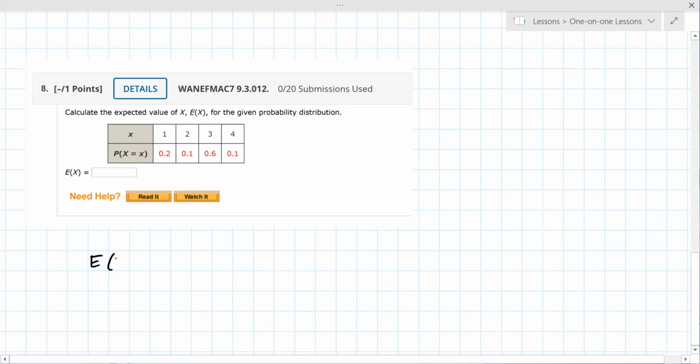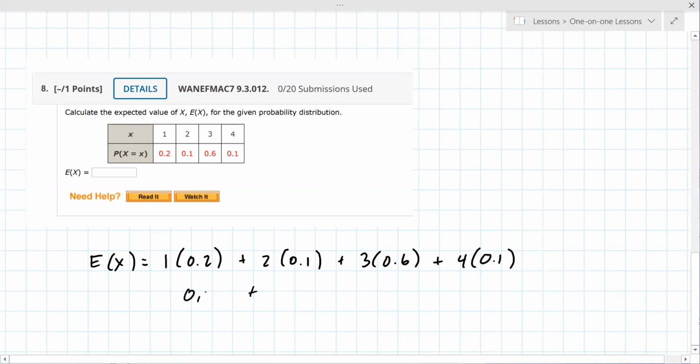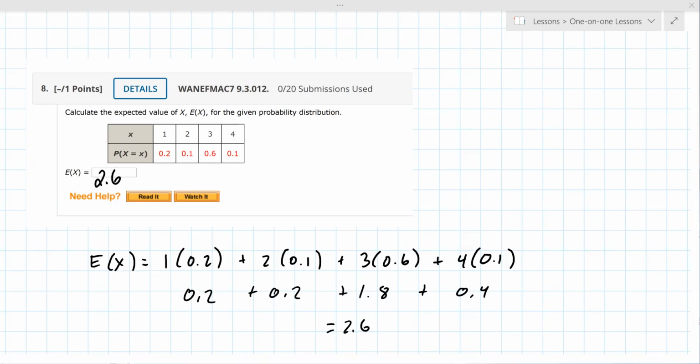So your expected value here is 1 times 0.2 plus 2 times 0.1 plus 3 times 0.6 plus 4 times 0.1. What is that? 0.2 plus 0.2 plus 1.8 plus 0.4. It looks like 2.6 is your final answer on that. So just be comfortable doing that.